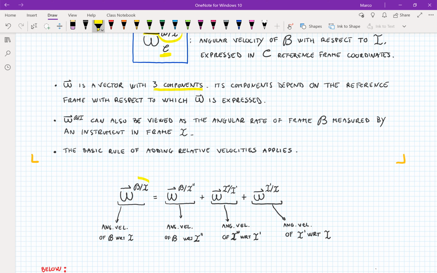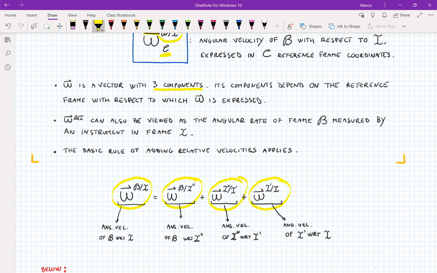The angular velocity of frame B with respect to I can be decomposed into any kind of angular rates, but in this case, we're referring to other two reference frames, I double prime and I prime.